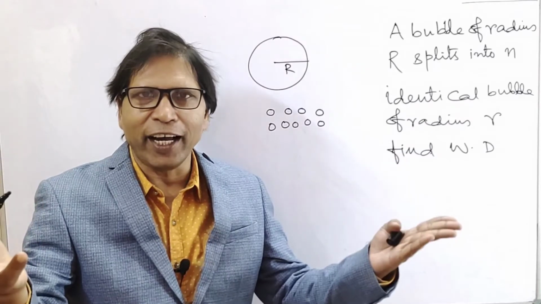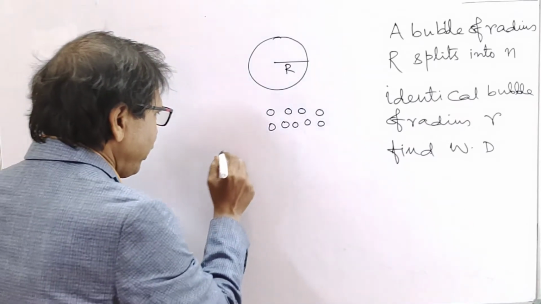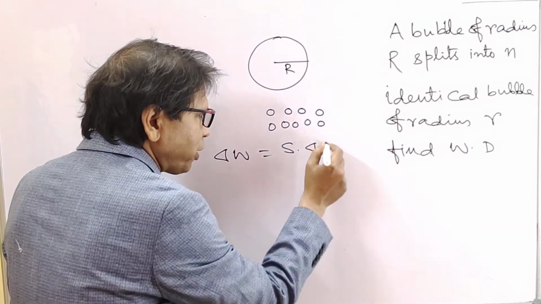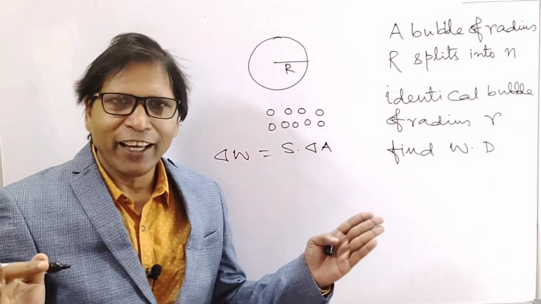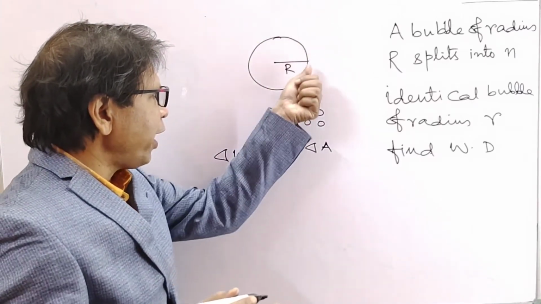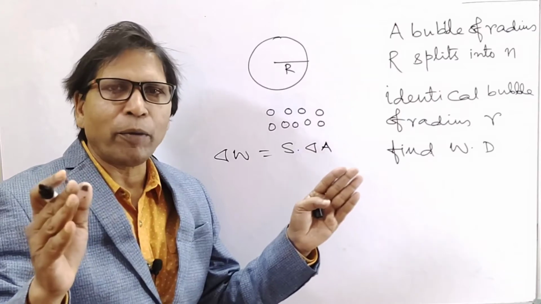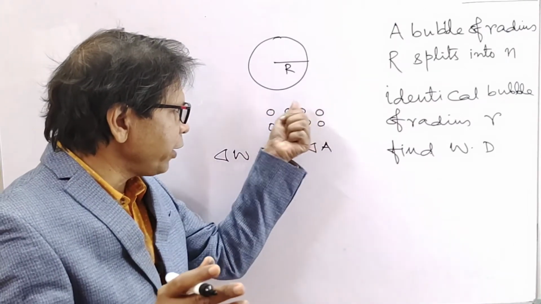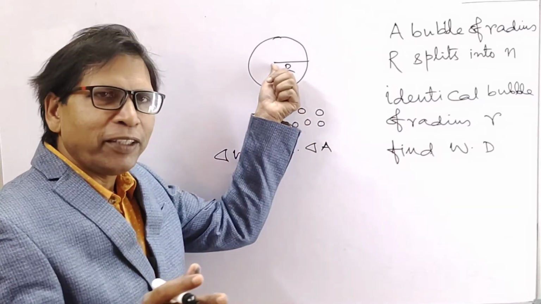Now we know work done delta W is S into increment of surface area. When a bubble of radius R splits into n number of identical bubbles, the volume of n number of identical bubbles is equal to the volume of this.